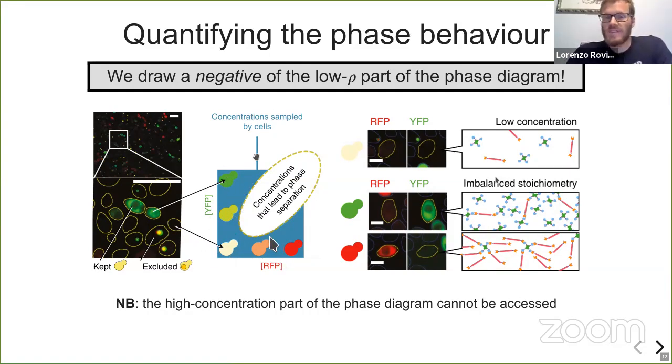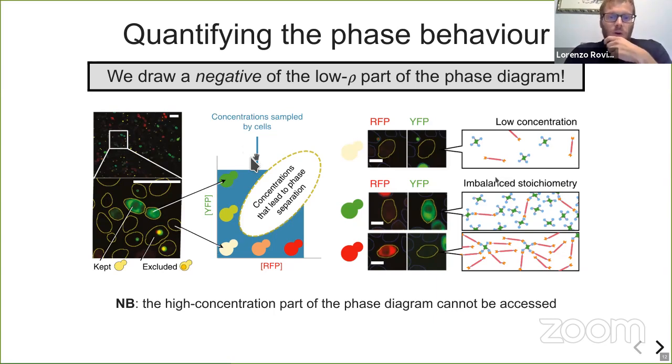And these don't phase separate, and things don't phase separate either when concentration is too low or when there is an imbalanced stoichiometry. If you have too many of one component with respect to the other, you won't be able to form enough bonds, and you need connectivity to support phase separation.